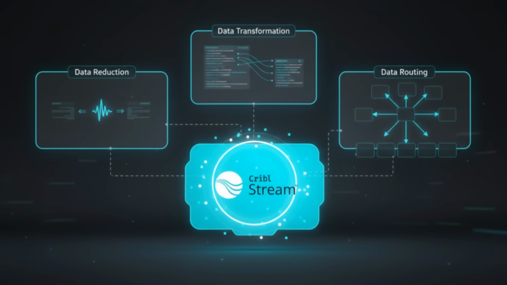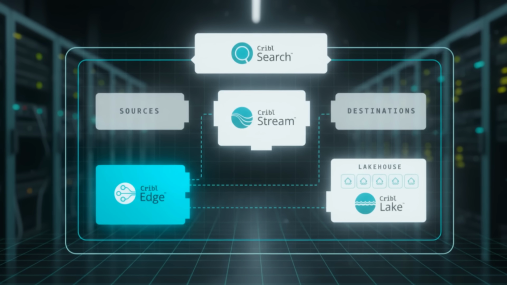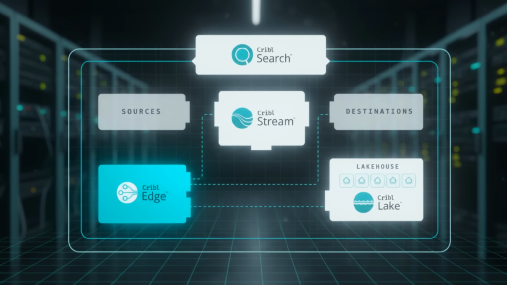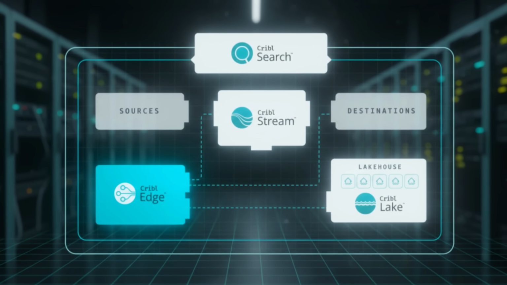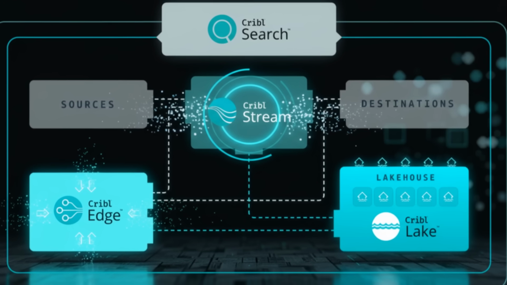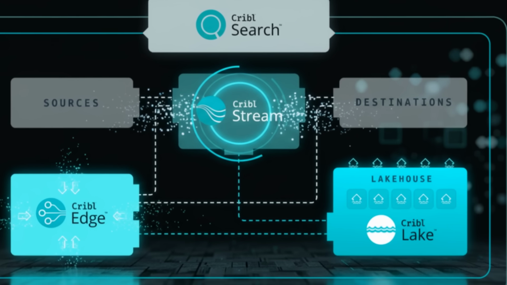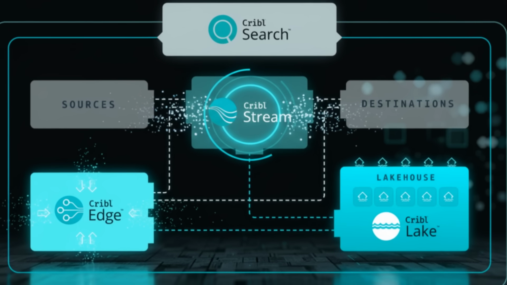Data routing. It sends your data to the right destination: SIEMs, data lakes, cloud storage, analytics tools, or all of the above simultaneously. Cribl gives you full control over where your data goes and how much it costs.